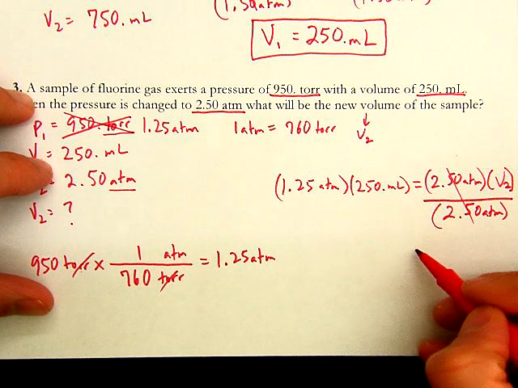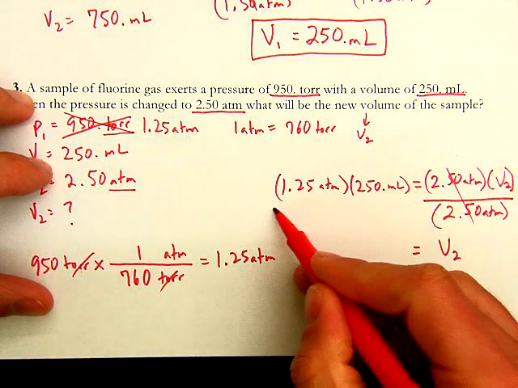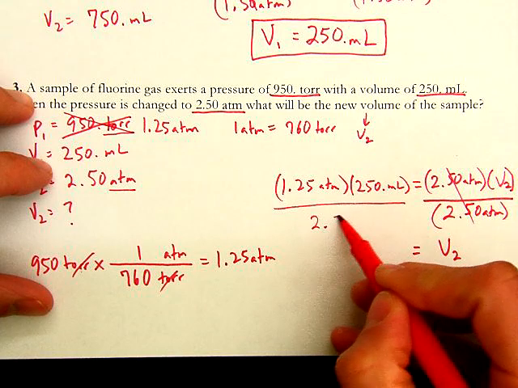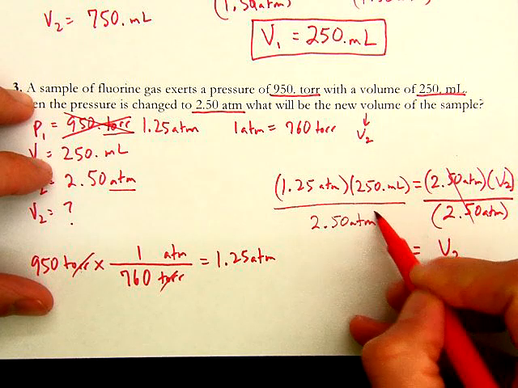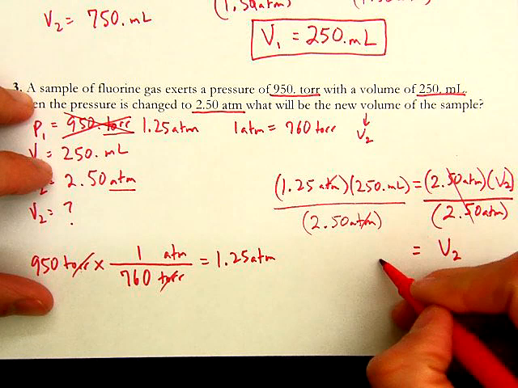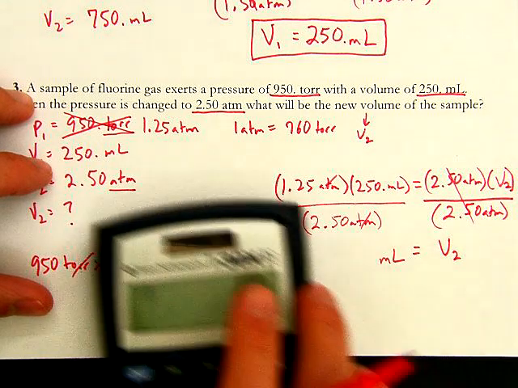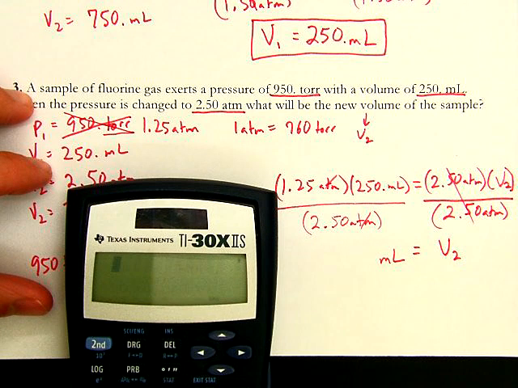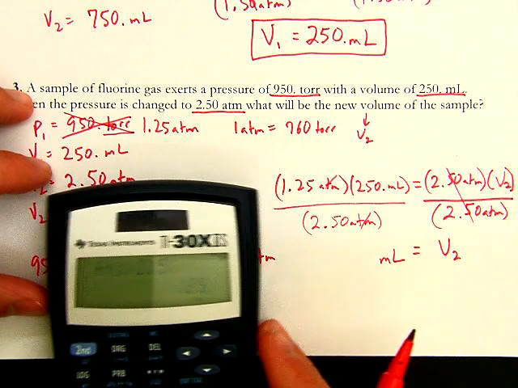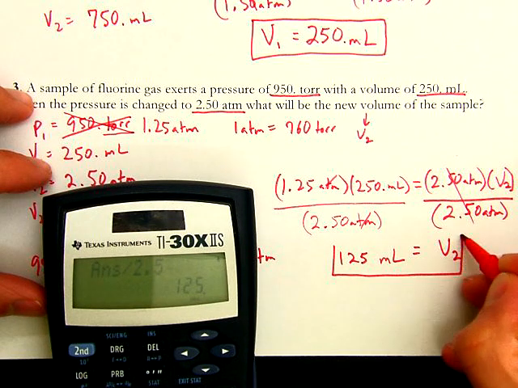That will cancel, leaving me with V2 on the right. Whatever we do to one side, we do to the other, so this gets divided by 2.50 atm. Units of atm will cancel, and we'll be left with our answer. Our volume in this case is going to be milliliters. So put this just right over here. 1.25 times 250 divided by 2.5 gives us our answer, which is 125 milliliters.